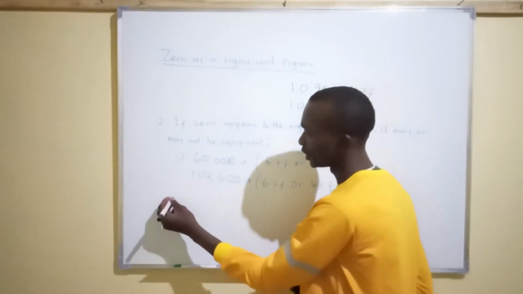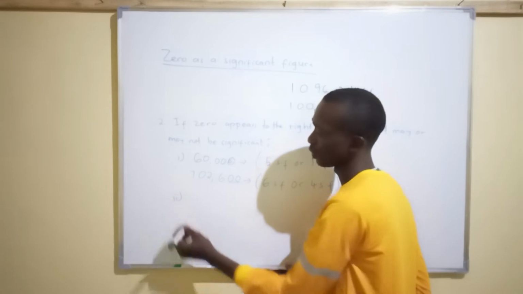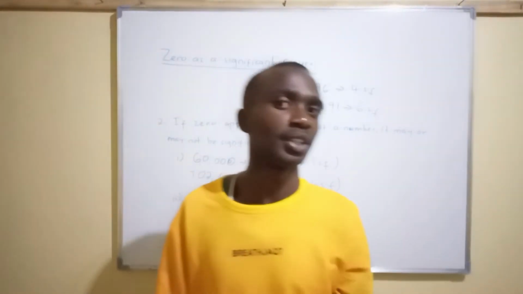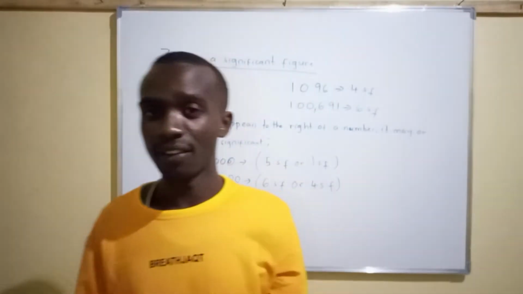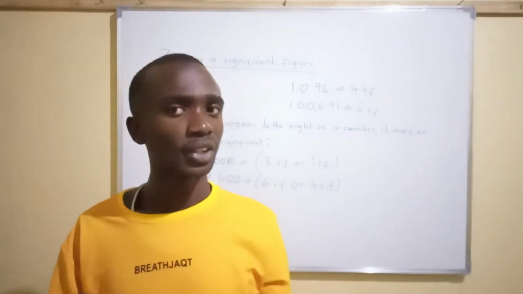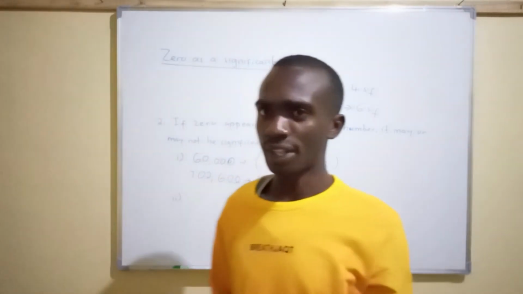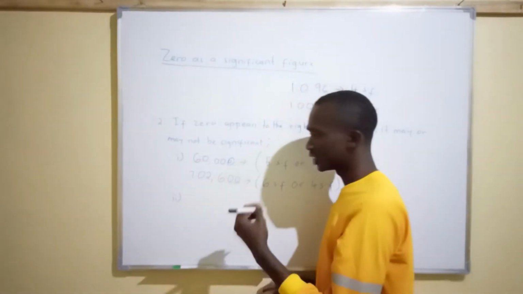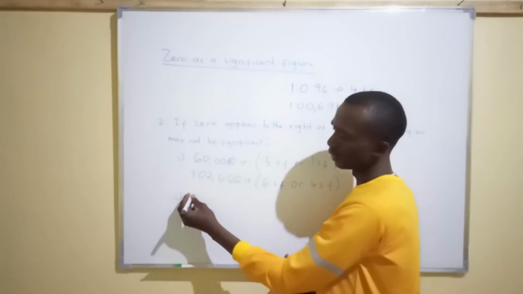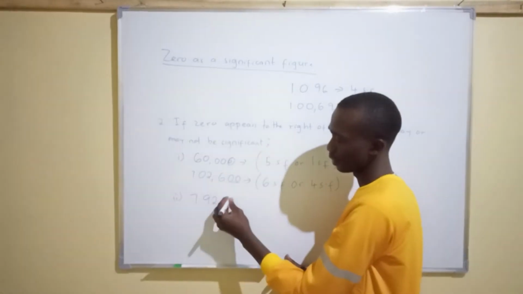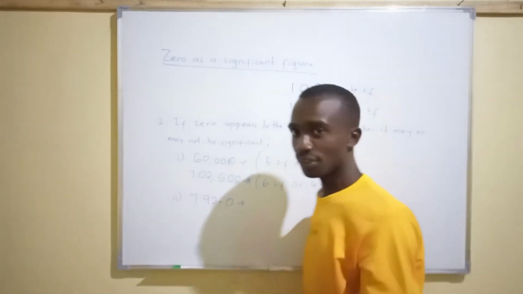Now, if 0 is appearing on the right of a number after the decimal place, it is counted as a significant figure. For example, look, 792.0. How many significant figures are these?